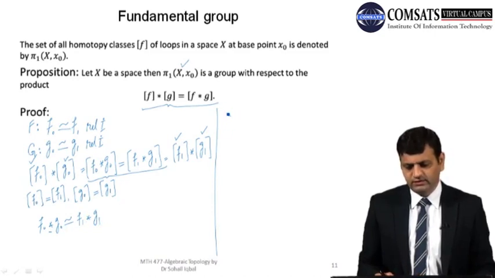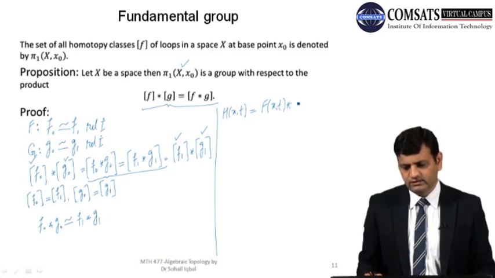For that we define the homotopy H of x, t, which is equal to F of x, t star G of x, t. In this case, t is the parameter, and the star is taken on the x's.